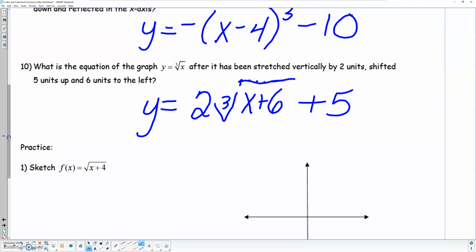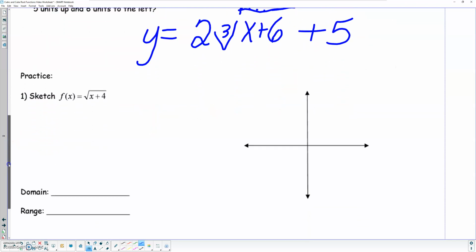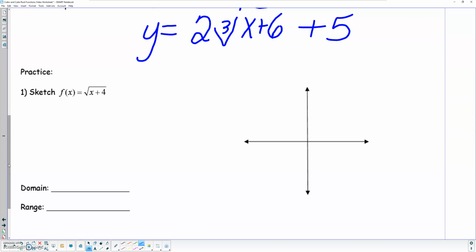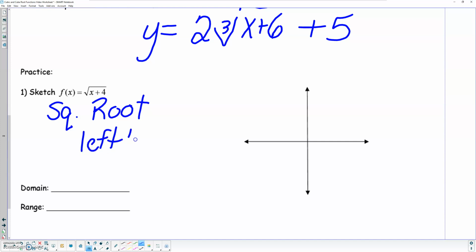All right, and the next part, number 1, they just want you to sketch the graph. Here this is the square root function. And since we're adding 4 inside the function's argument, that means we're moving to the left 4 units. So I'm going to put those 4 little tick marks on my graph. And then we know the square root function takes on that hook shape.